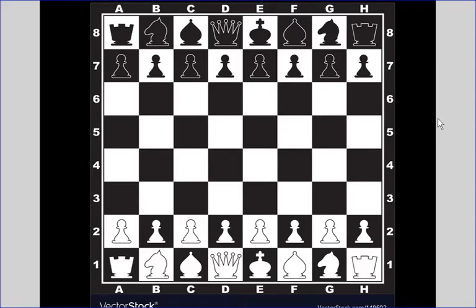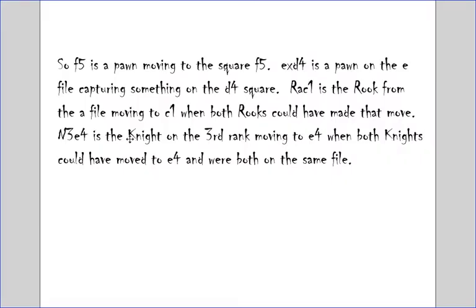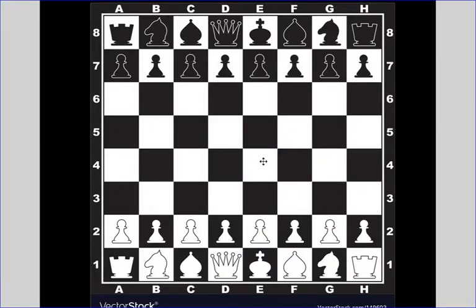Now, what are files? Think of filing cabinets. These vertical columns are our files. So if we look back here, N3 E4. So here is E4. So the knight could have been on C3, C5, that's a possibility.